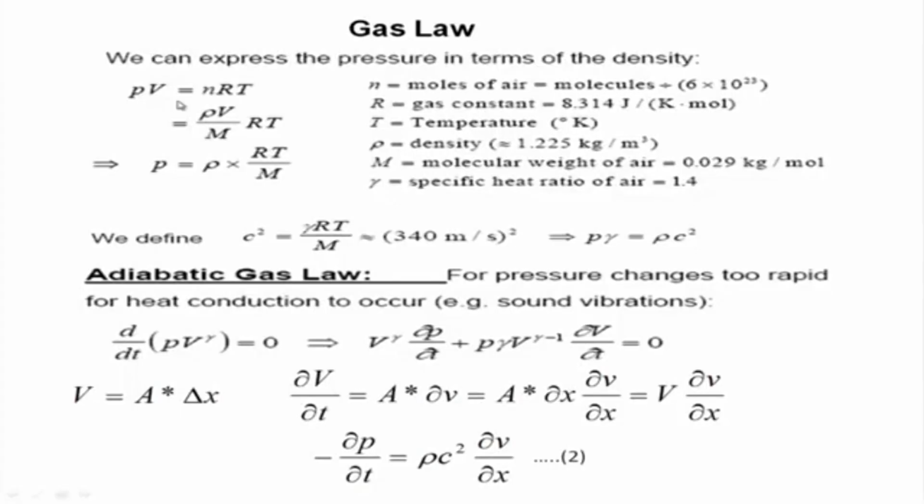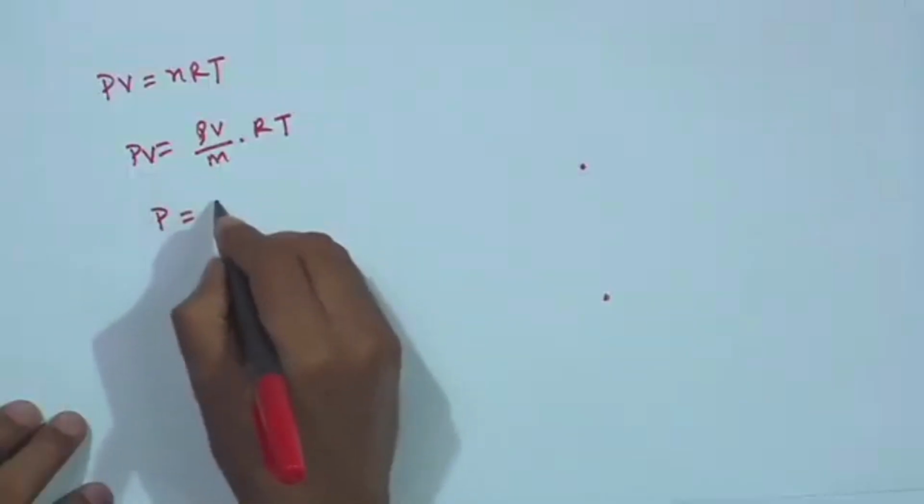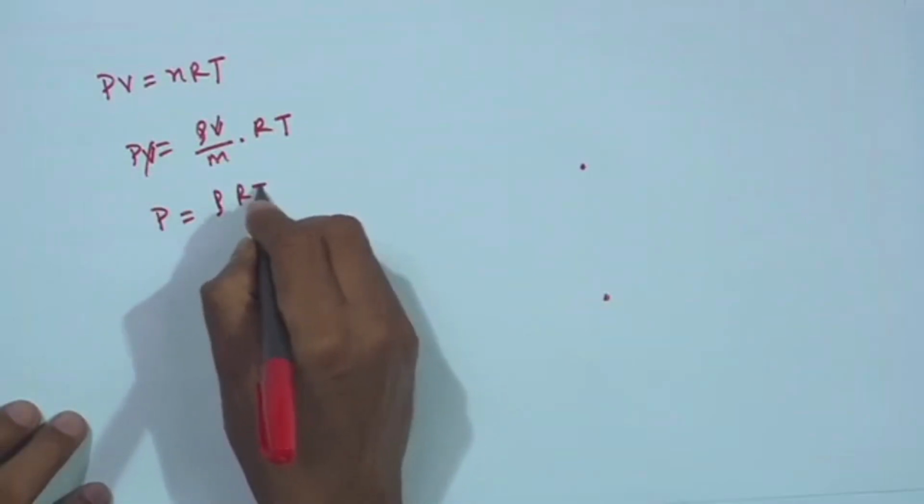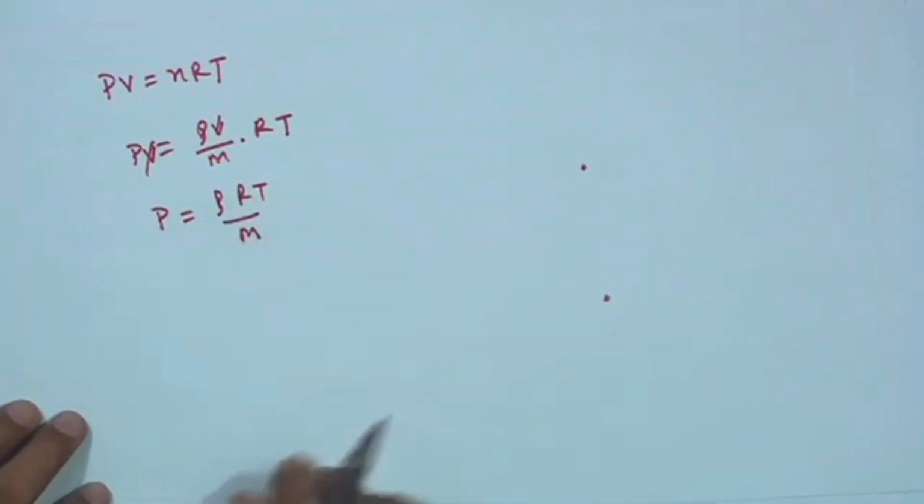So P V is equal to n R T and P V is equal to rho V by m into R T. Now P is equal to, rho V cancels, rho R T divided by m.